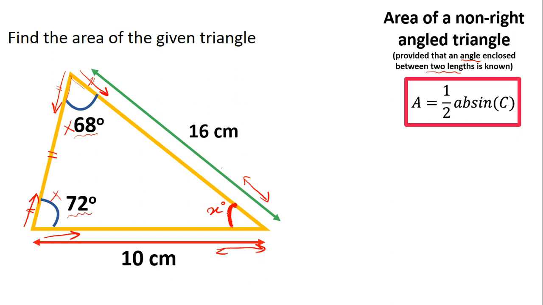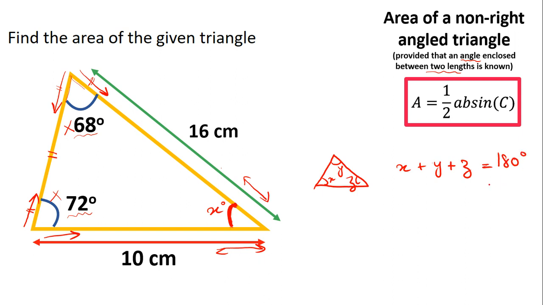In order to find it, I need to use some general information: in a triangle, let's suppose the three angles are x, y, and z, then x plus y plus z is equal to 180 degrees.